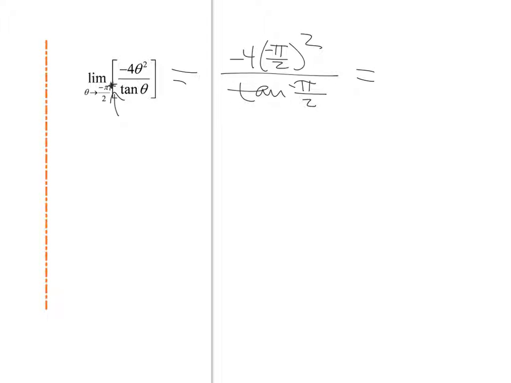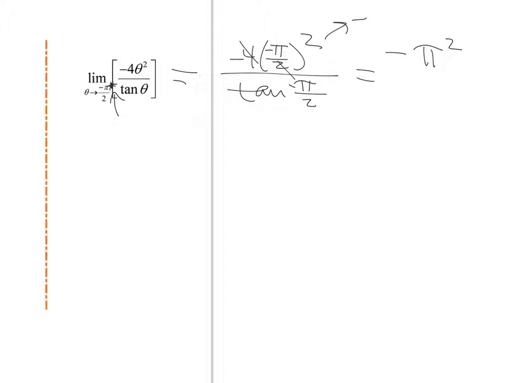Now, the top: we've got negative pi squared over 4, and the 4 and the 2 squared are going to cancel.